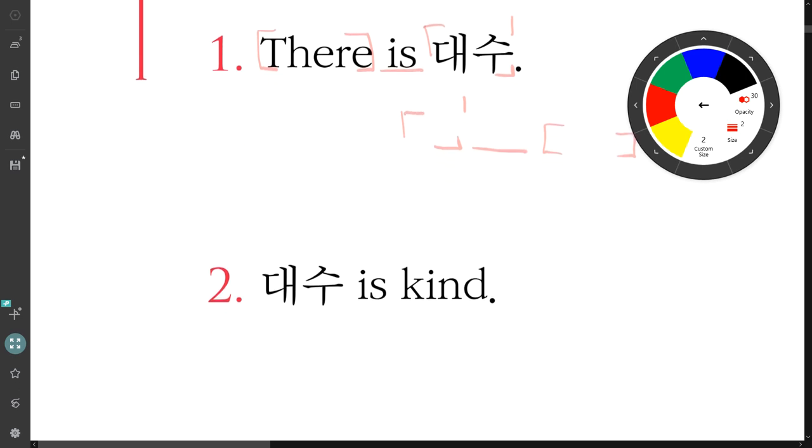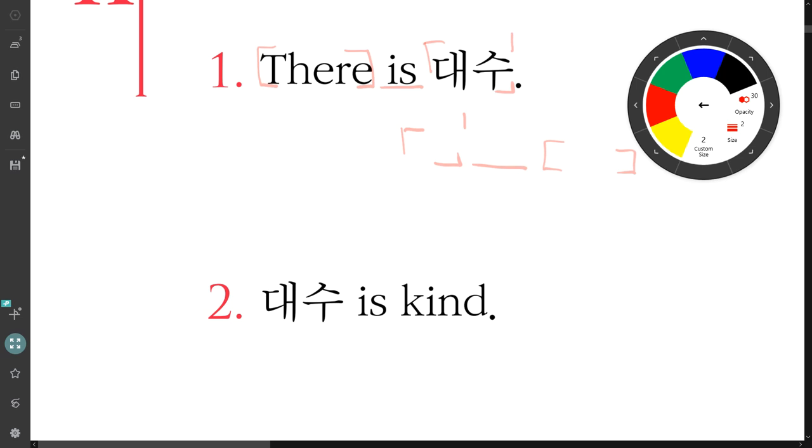For a type 1 sentence, the adverb is not always required. If the sentence uses an intransitive verb, 자동사, for example, John died, the subject and the verb form a complete thought.